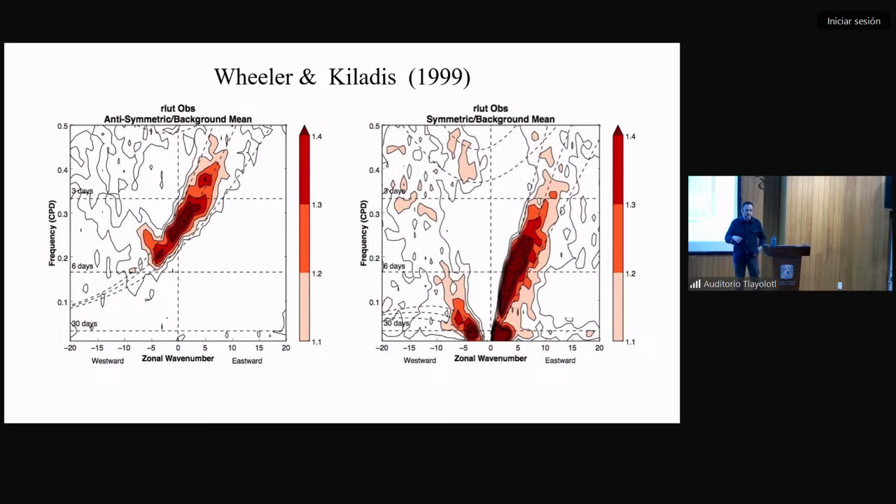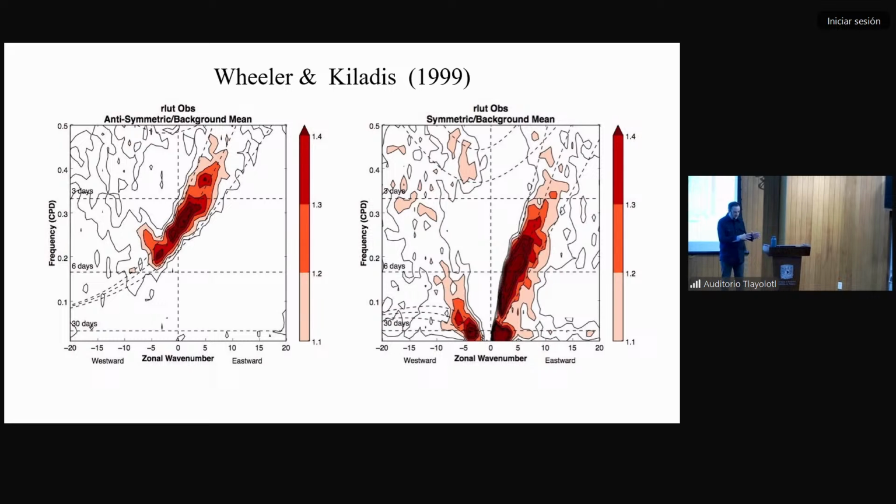Yeah, that's right. The convective signal of the MJO lives in the Indian Ocean and dies in the West Pacific Ocean, but the perturbation still goes round the equator. So here in Mexico, for example, we don't have a direct effect of the MJO.